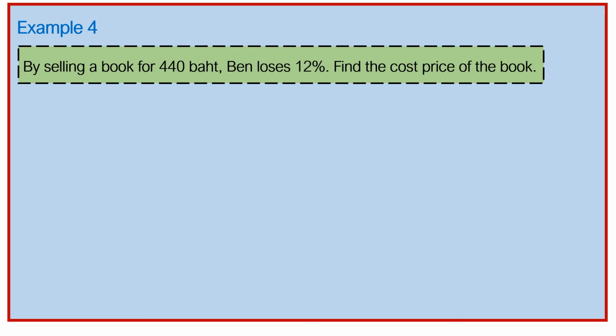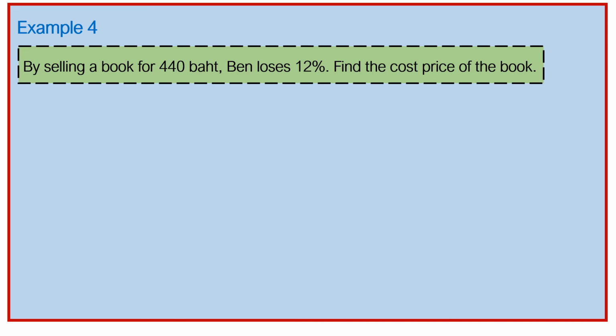Now, step 1, let us write what we have. By selling a book, so this means that we have the selling price. The selling price was 440 baht. Okay?